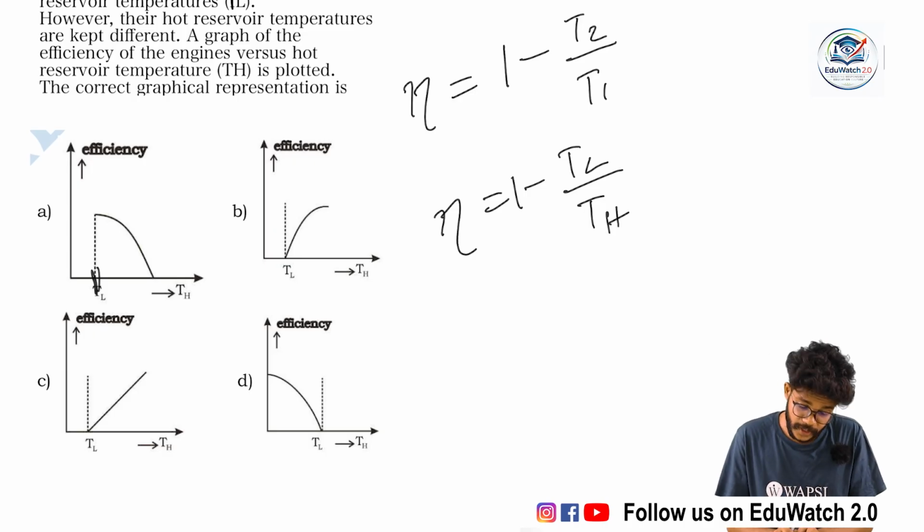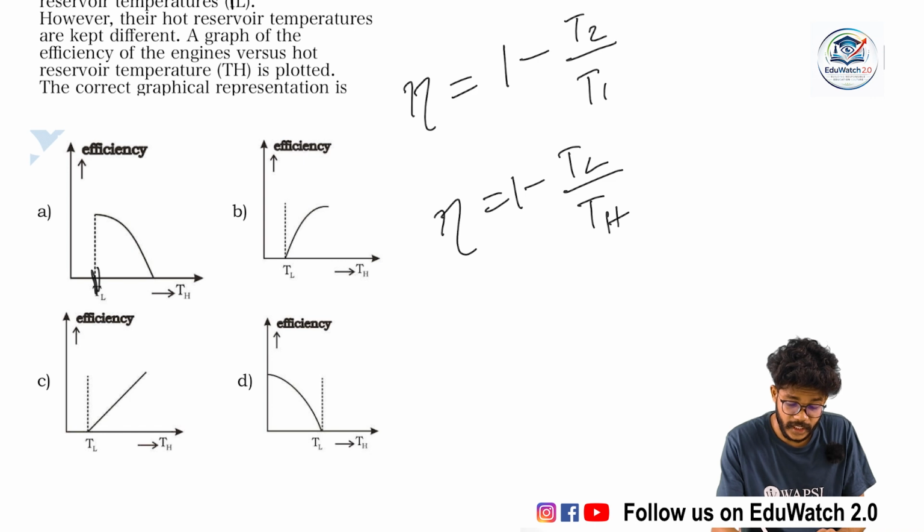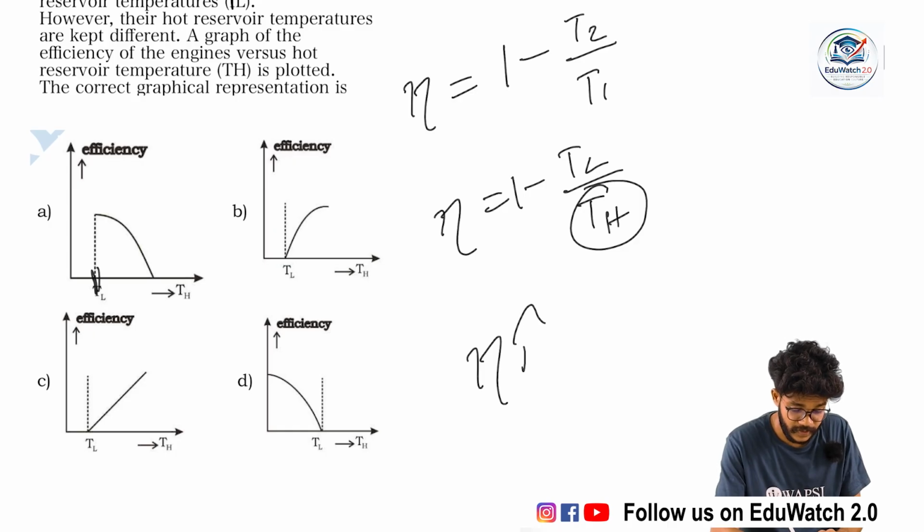So options B, C and D give that. After that, when TH increases, TL by TH is decreasing, so the efficiency should also increase. That means option A can be the wrong one.